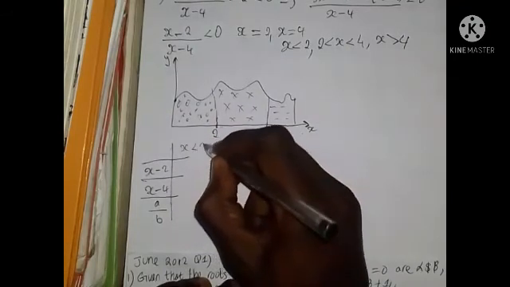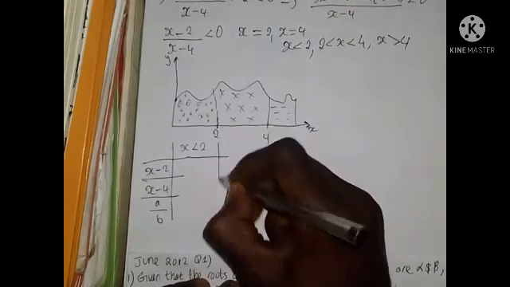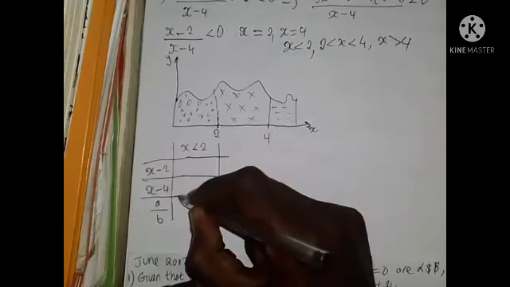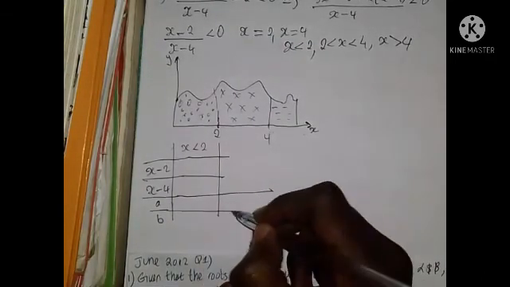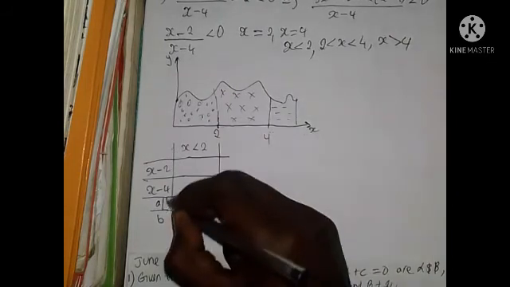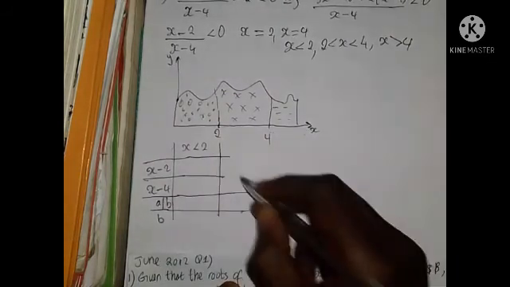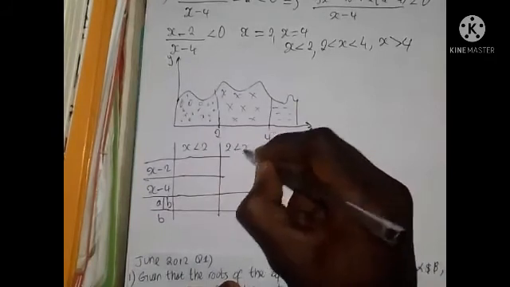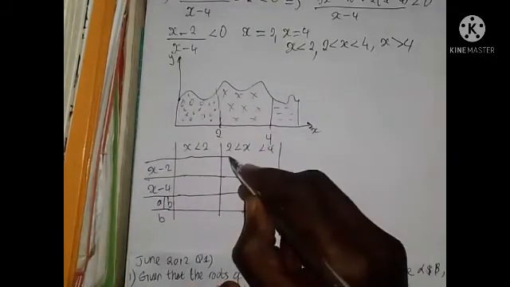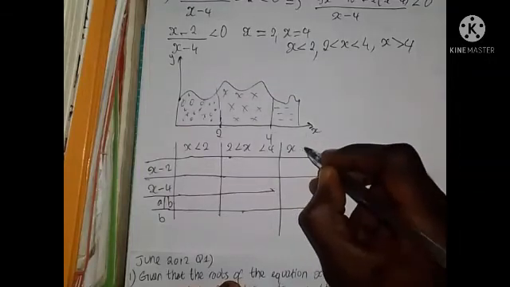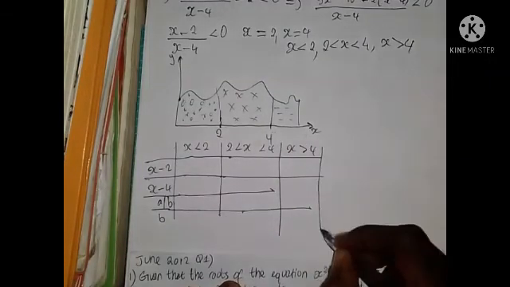So we have x less than 2, 2 less than x less than 4, and x greater than 4.